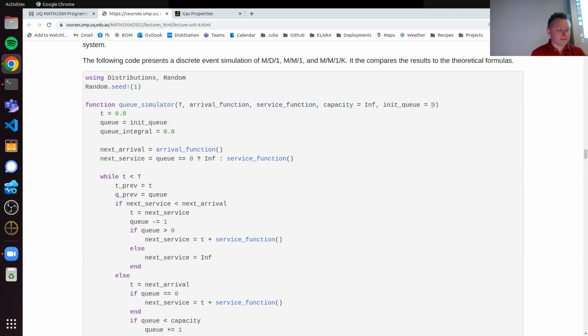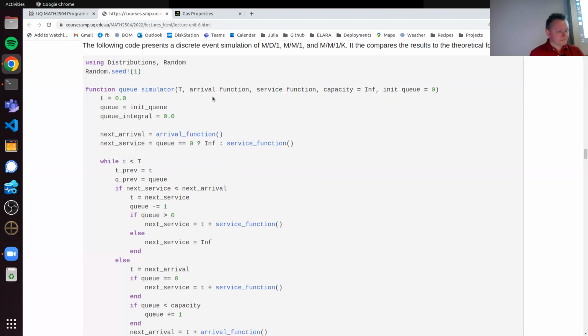And how many people are initially in the queue. And we've got these two functions, an arrival function and a service function. When we call them, they'll give us a sample of how long it takes between arrival events, drawing from some distribution. And this one will draw from a distribution for how long it takes to be served.